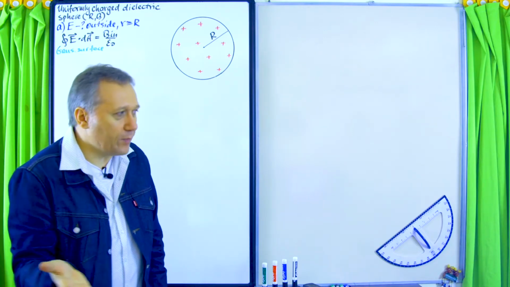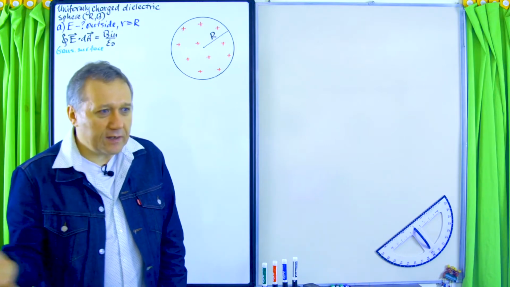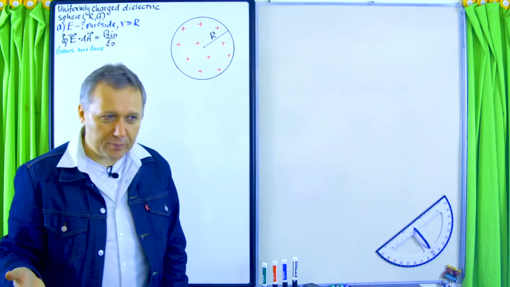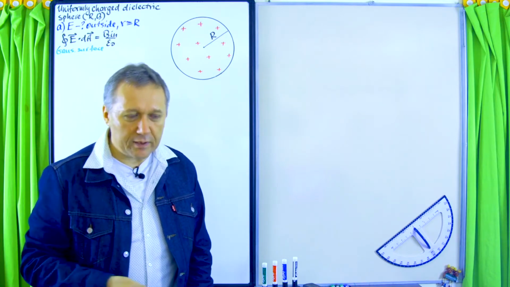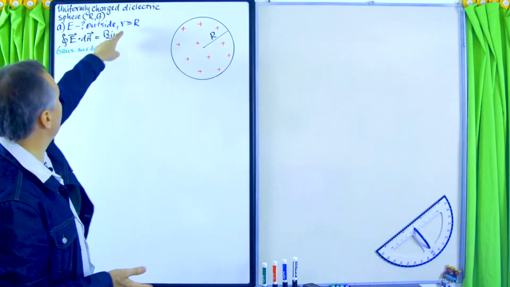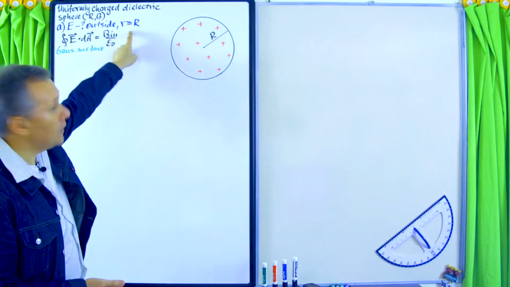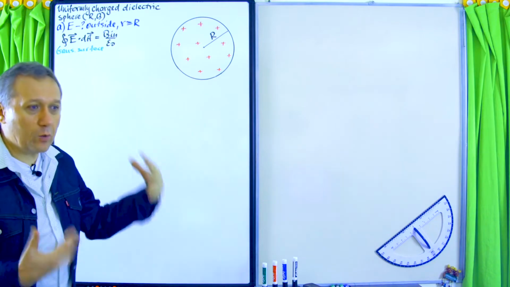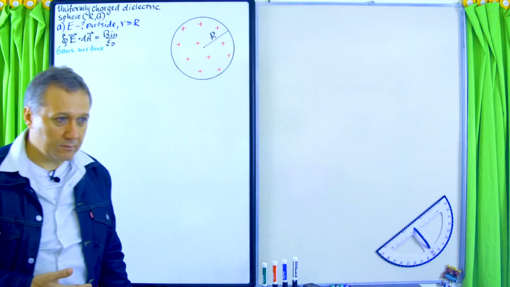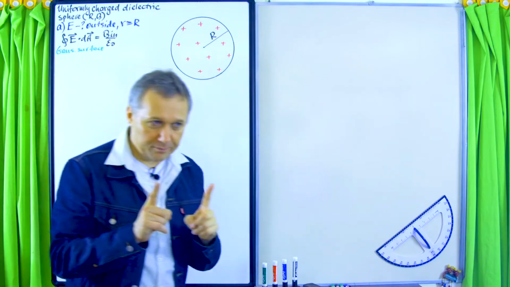It's like if you want to sample life in Canada, you don't go to Madagascar, right? You go to Canada in order to sample the level of life. And the same here. If we want to find the electric field outside of the sphere, of course, our Gaussian surface must be outside. And of course, it must be closed.